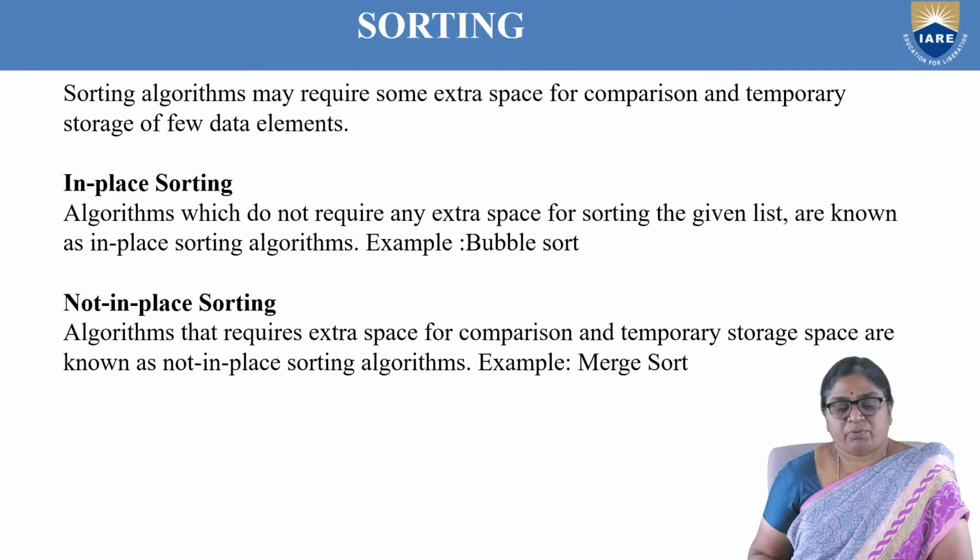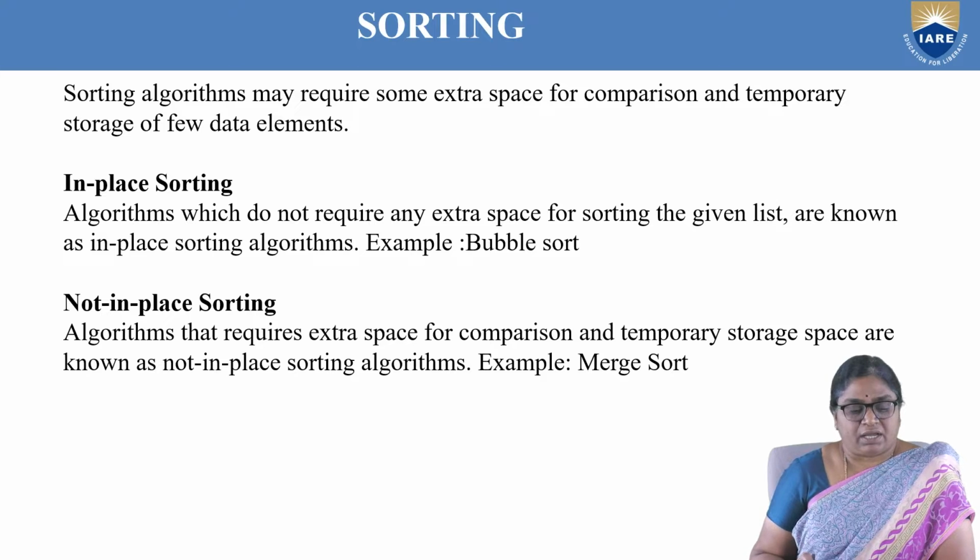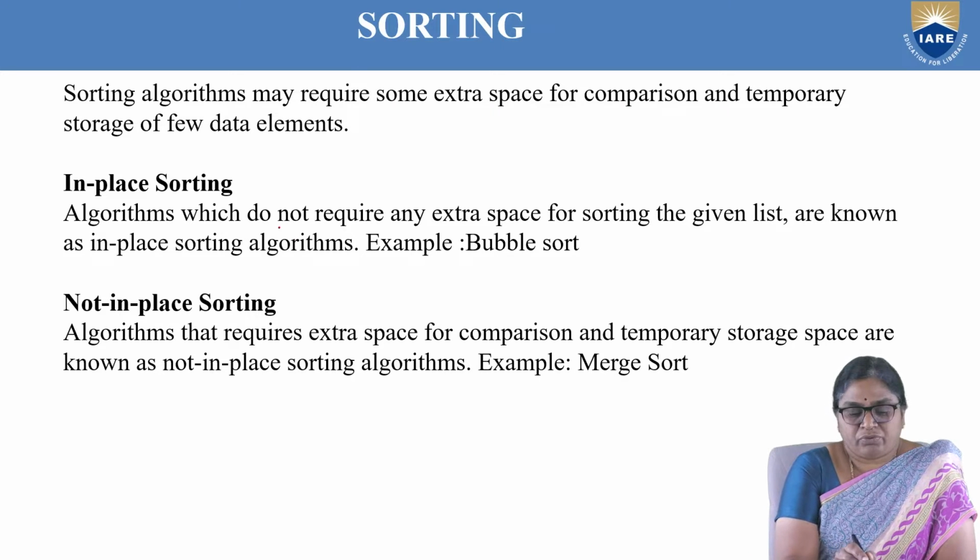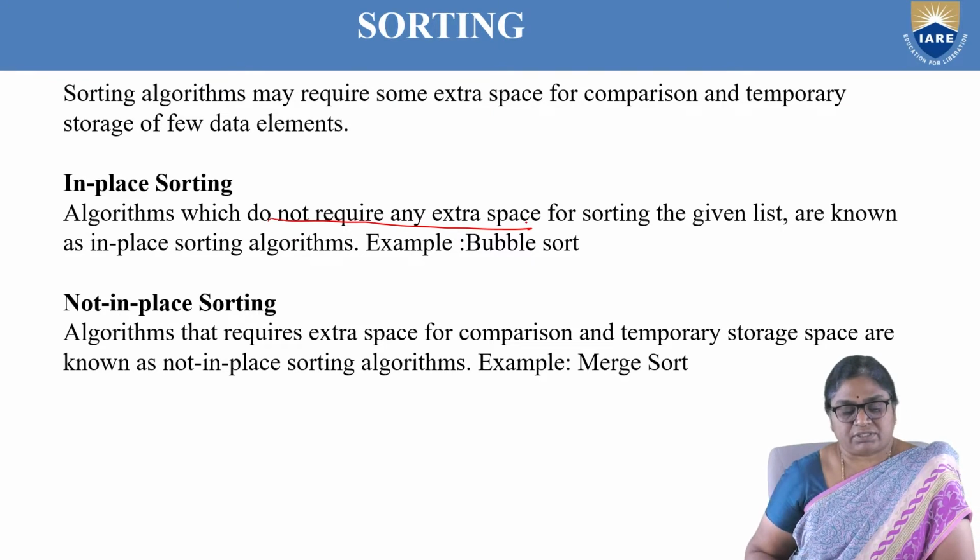Sorting algorithms may require some extra space for comparison and temporary storage of a few data elements. Based on this principle, sorting algorithms can be classified into two types: in-place sorting and not in-place sorting. In-place sorting algorithms do not require any extra space for sorting the given list.